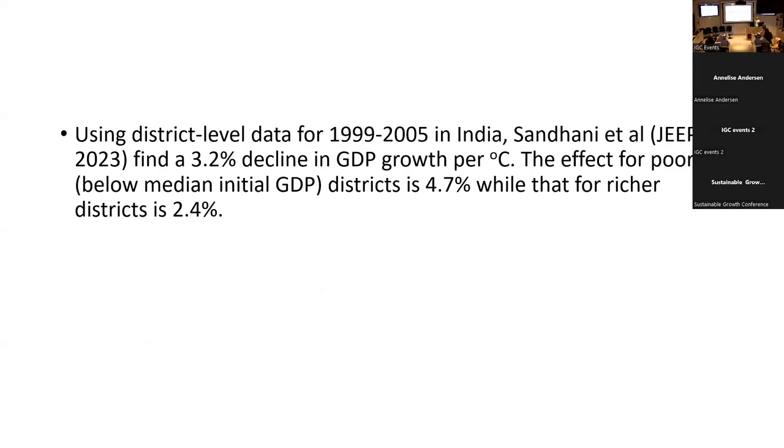Again, they see the same thing the earlier paper found, which is that the decline in growth per degree Celsius increase is larger for poorer districts than for richer districts. They also look at lags, and they don't find lag effects. If you take a 1 year lag, they don't find it to be significant.